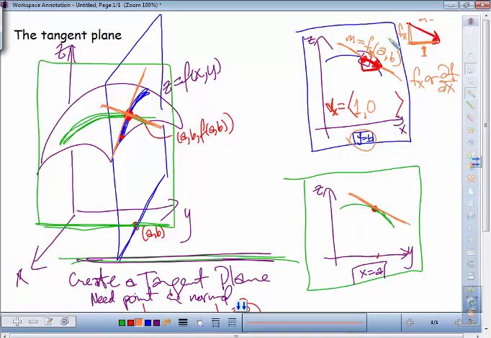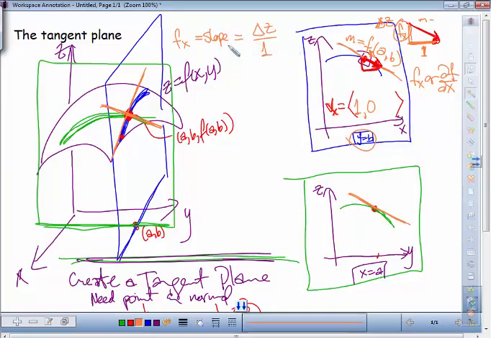So you can make an equation out of this. You can say, what if I didn't know what this is? Let's call this delta z. So I don't know what delta z is, but I know that the slope, which is equal to fx, is actually equal to the rise over the run, delta z over 1.